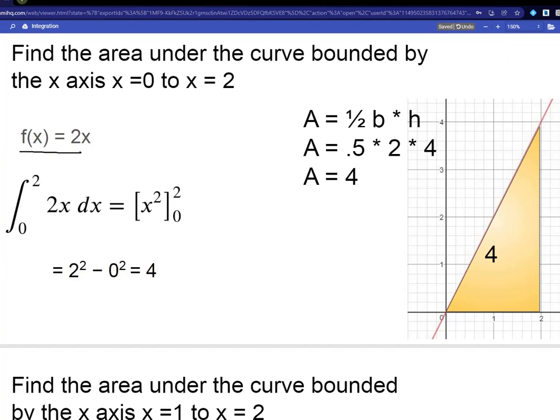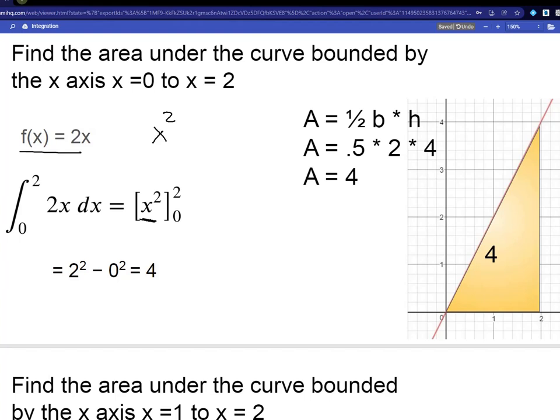If I integrated it from 0 to 2, integrating 2x is pretty easy. It's going to be x to the second divided by 2 times 2, so it's going to be x squared. Then when I put this in there, I'm going to get 4 minus 0.